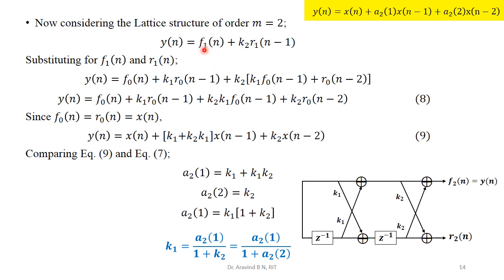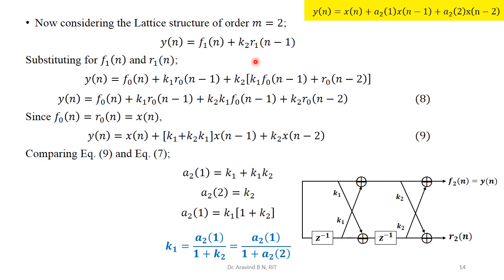Therefore, identify and replace f1 of n, identify and replace r1 of n minus 1. After doing that, we are going to have here, so y of n is equal to, replacing f1 of n, f0 of n plus k1 r0 of n minus 1. Now replacing r1 of n minus 1, k2 is constant, that will remain as it is, k2 of k1 f0 of n minus 1 plus r0 of n minus 2.